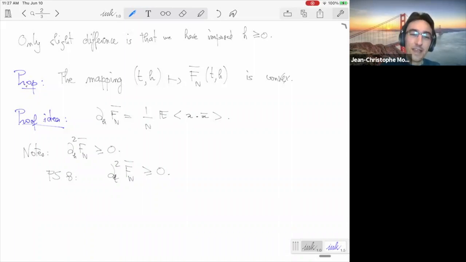Yes, so we see that the second derivative is non-negative in these two directions. So it's not enough to conclude that it's jointly convex, but then if you try to do the same thing in an oblique direction, when you differentiate in a direction which has a little bit of H and a little bit of T, then it's again exactly the same structure.